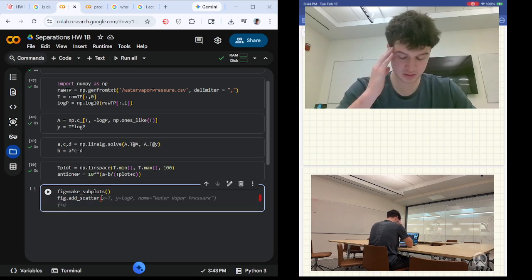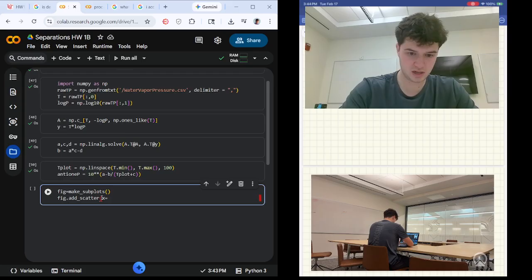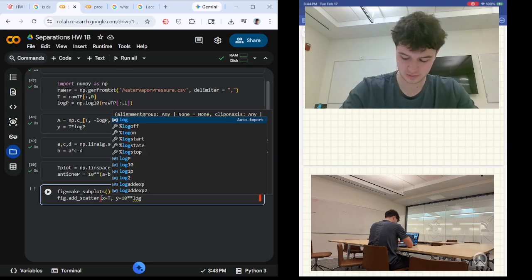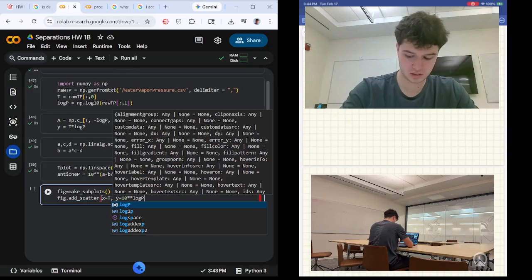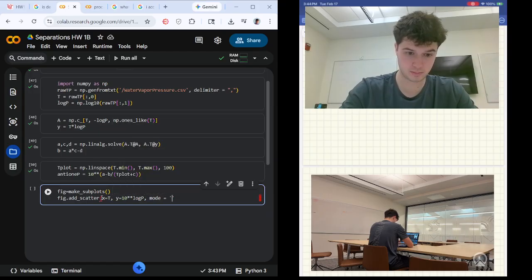So we have our subplots, and then this is going to be equal to x equals t, y is going to be equal to 10 log p, and then mode equals markers.